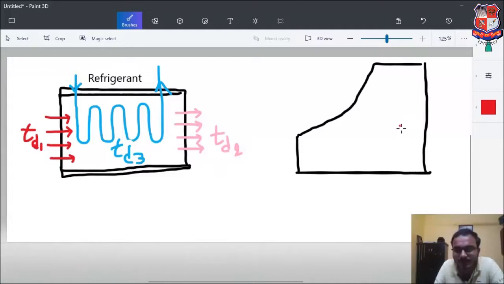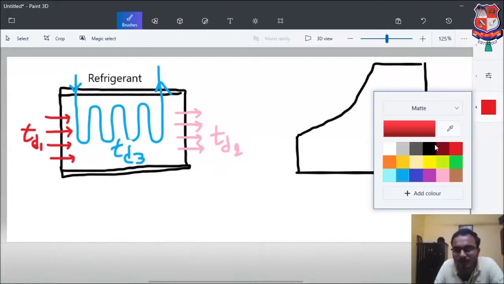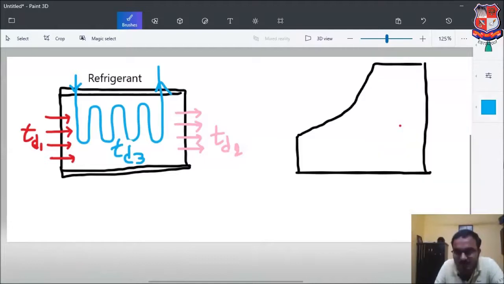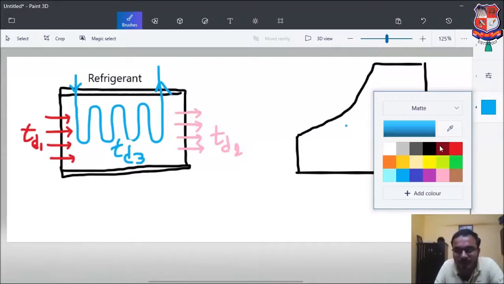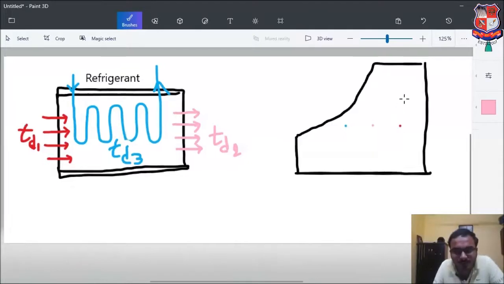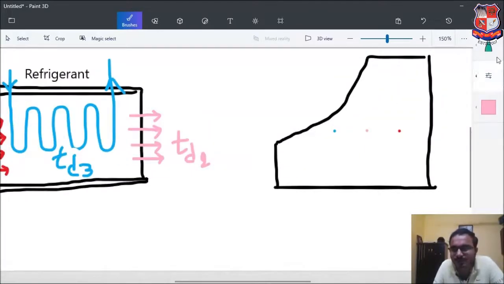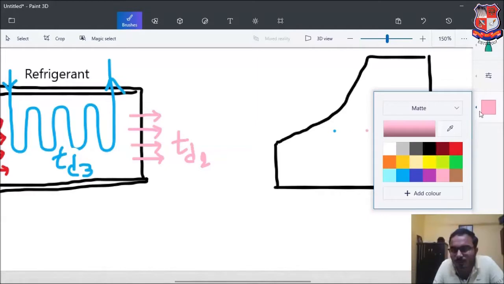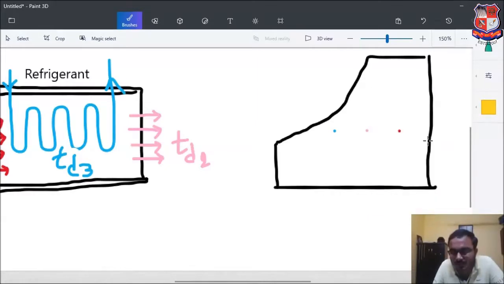So we are here at TD1. The coldest temperature is here, and we are obtaining a temperature that is in between. You need to take care of the colors which I am using so that it will be better for you to understand. So the process is happening in this way, going from here.